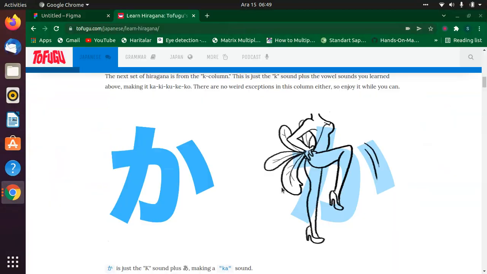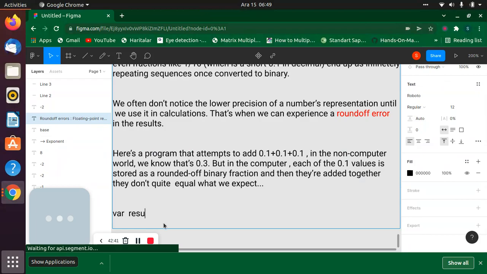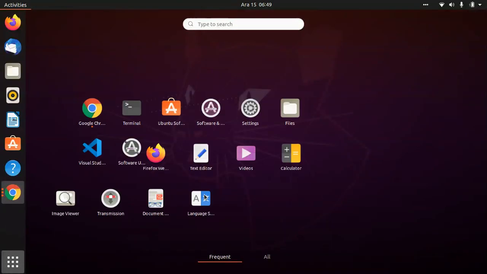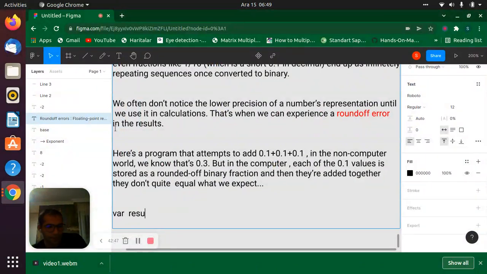Also, I want to add information. In VS Code, we have also the let variable. It just gives you some permission to work on it, right? So we have let.